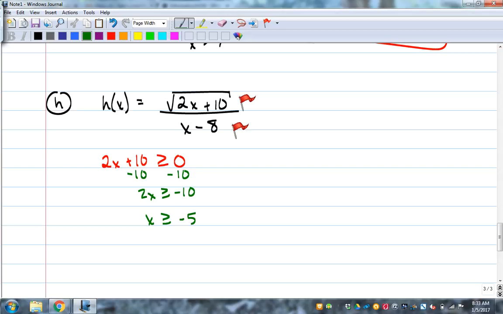We're finding where the stuff that's inside of the square root is positive or 0. So the square root symbol, if you put it there, if you square both sides, you'd still end up with the same equation or equality to solve. But you just drop it off because it's one less step.